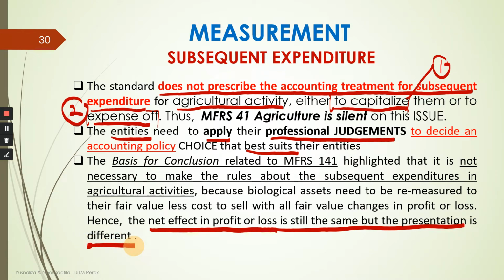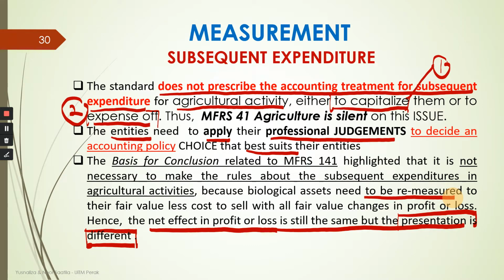Only that we have a difference in terms of the presentation. But the net income, you will still arise at the same amount, right? And for your information, because we use fair value, it has to be remeasured to their fair value, and whatever changes in the fair value will be taken to the profit or loss.